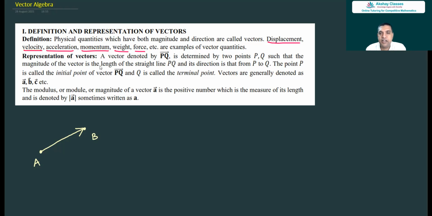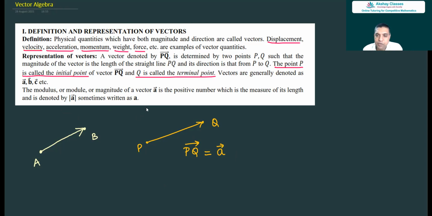So a vector is a quantity which has both magnitude and direction, and we represent a vector by PQ. From P to Q, we give an arrow. So the vector is represented by PQ with a top arrow, or we simply write, let's say, vector A. P is called the initial point and Q is the terminal point.